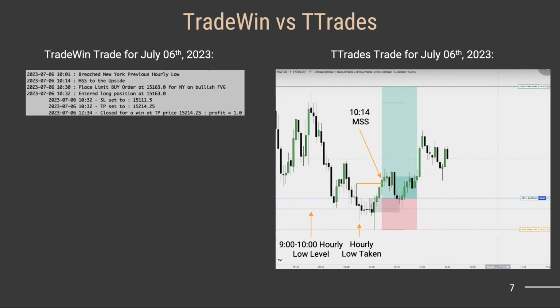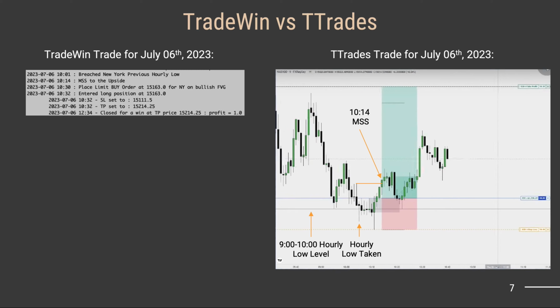If we come back to the TradeWin mechanical way, we can see that following the same idea of what I explained previously in the trading protocol, again, as this is computed, I cannot cheat my entries. So 10:01, we take the low, fine. We have a market structure shift to the upside, which is cool.